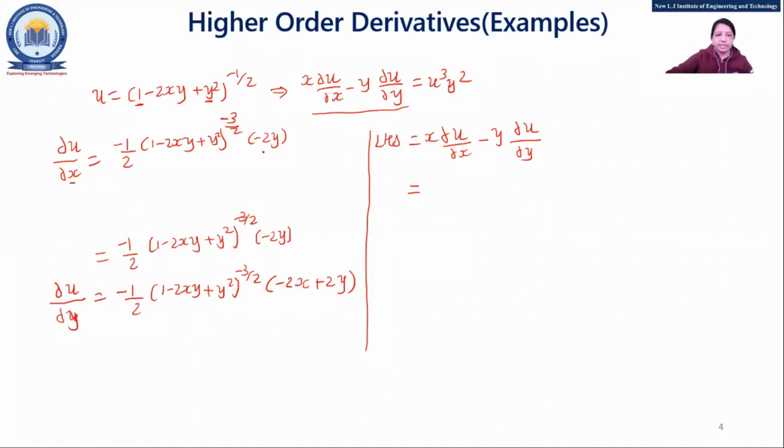This x and this can be multiplied. This 2 is supposed to be cancelled out. Listen properly. I'll write down here only 2 is cancelled out. This minus minus will become plus. So with that xy, right? Directly write it in that way. Xy into 1 minus 2xy plus y square raised to minus 3 by 2.